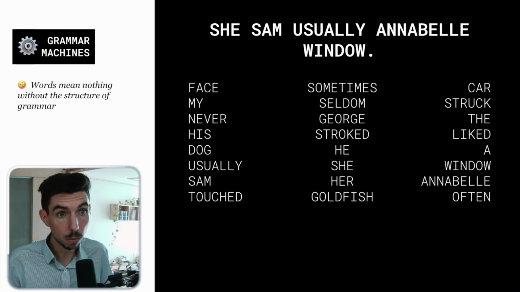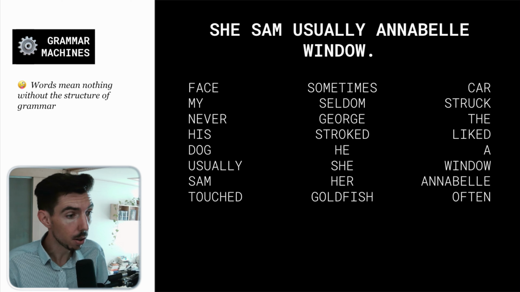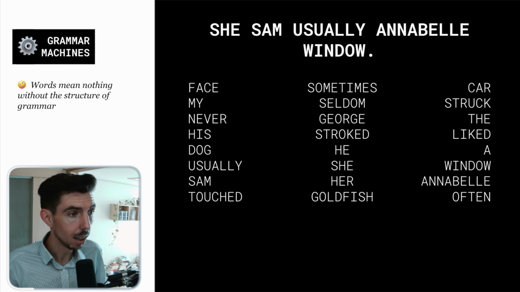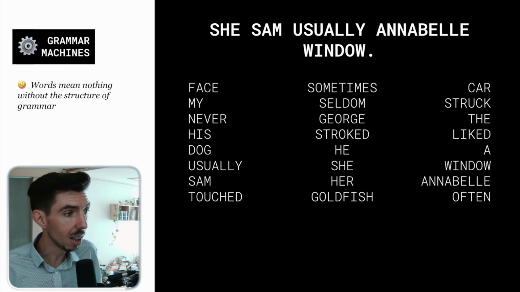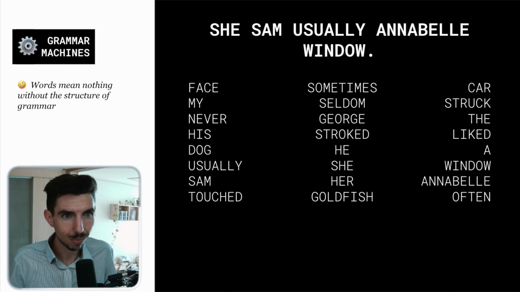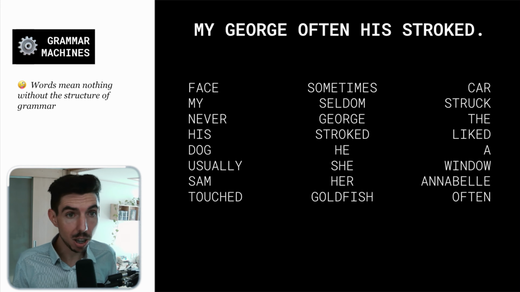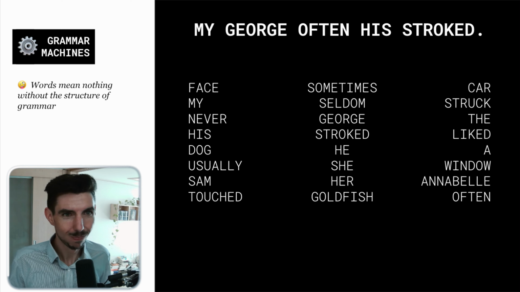So here's a list of random words. We have nouns, verbs, adjectives, adverbs, no precise order. And if we just take some of these words at random, we see they don't mean anything. She, Sam, usually, Annabelle, window. Doesn't mean anything, right? My George, often, his, stroked.